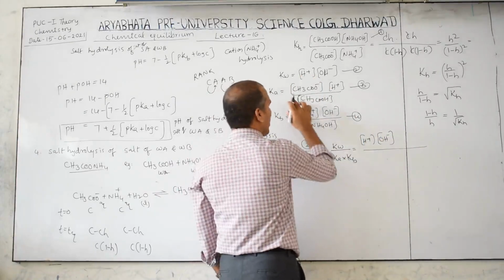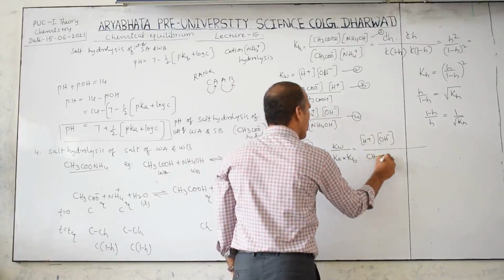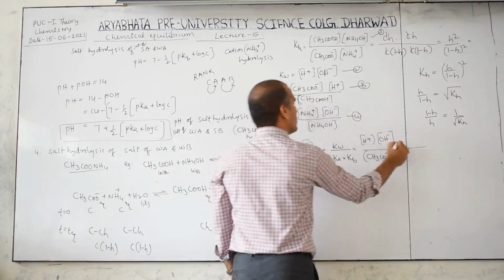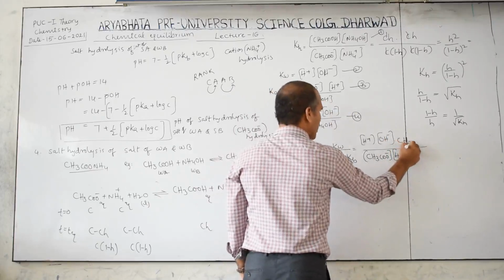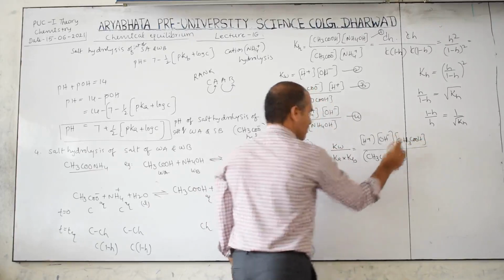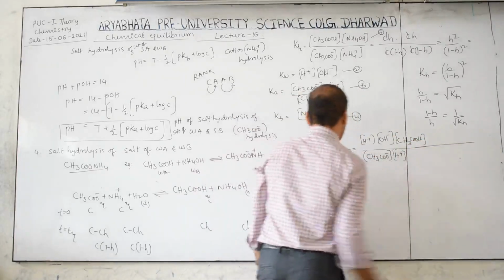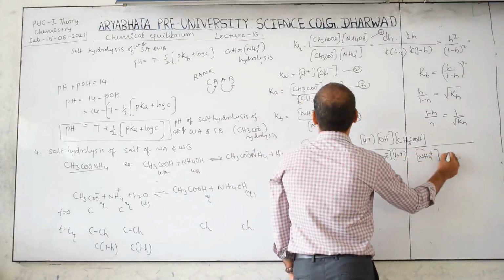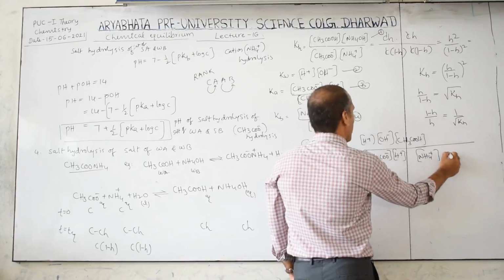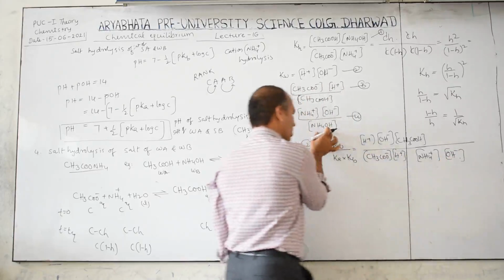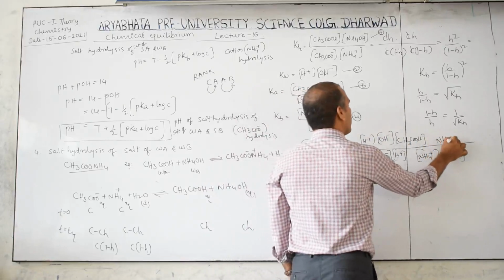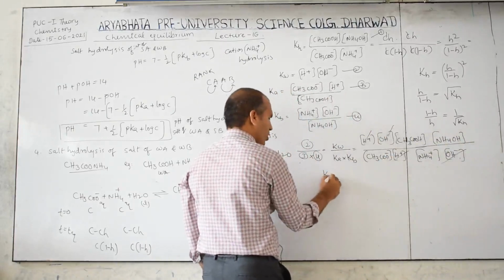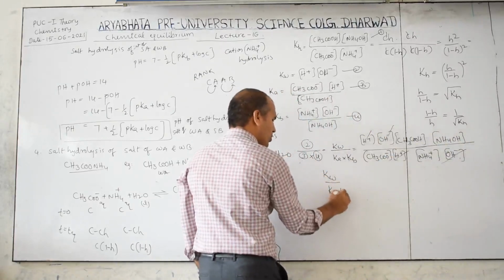Now Ka is CH3COO minus concentration into H plus, over CH3COOH concentration. Now the Ka part is completed. Next Kb: NH4 plus concentration and OH minus ion concentration go in the numerator, then NH4OH concentration. OH cancels, H plus cancels. Therefore Kw by Ka into Kb.